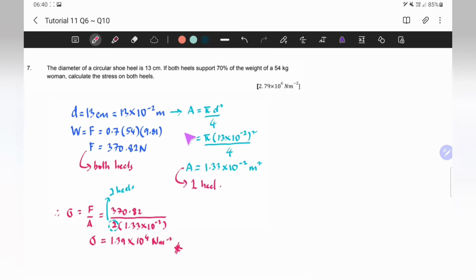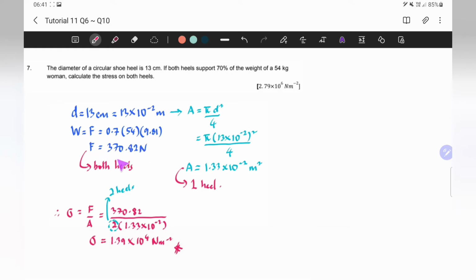But as we know, the force supported is 70% of the weight. Weight is mg, so this is the mass given, 54 kilogram, and this is our g, but the heels just support 70% of the weight, which is 0.7, so the force supported now is 370.82 newtons.